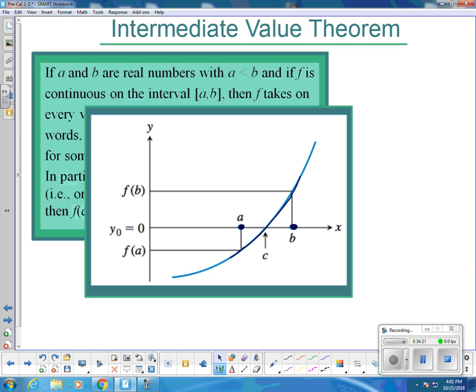If the curve is continuous and the y value of this a is negative and the y value of this b is positive, at some point between a and b there has to be an x-intercept. You have to cross over 0.